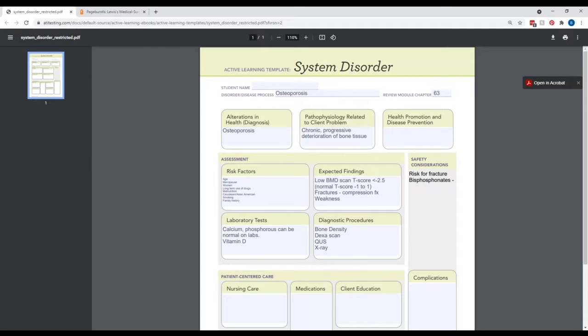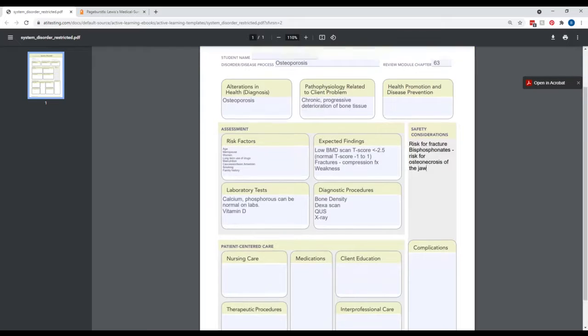If we break the word up, osteo is bone, necrosis is death, bone death in the jaw. So I thought that it qualified for a safety consideration, and I put that on my notes as well.